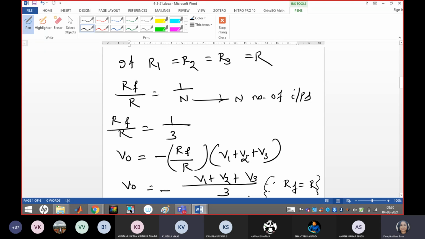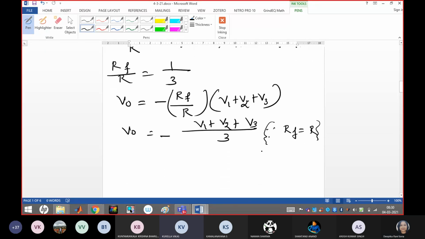Ma'am, what is the difference between scaling amplifier and summing amplifier? See, here we are adding the weight, getting different weights for different inputs.